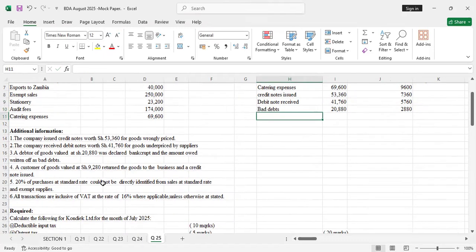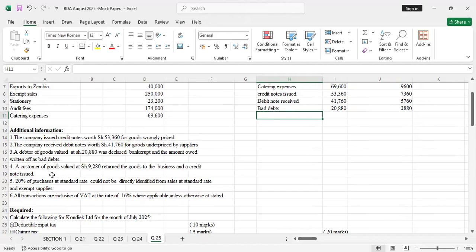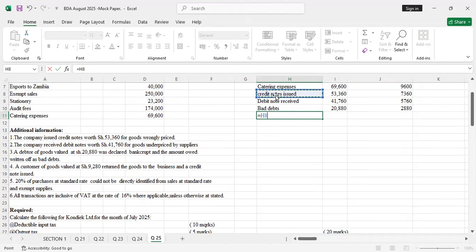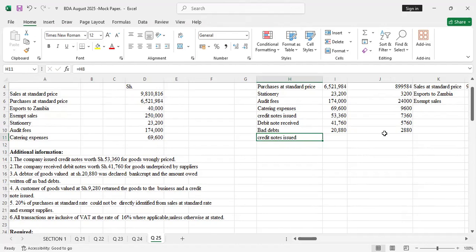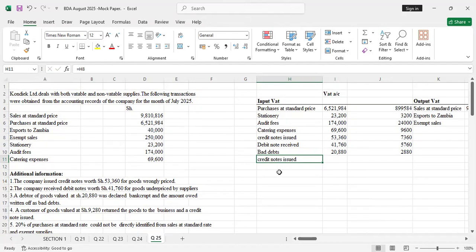We continue. Number 4, a customer of goods valued at shillings 928 returns the goods. So those are return inwards to the business and a credit note issued. Yeah, so there was another credit note issued, so I'll just copy that there. They return the goods. These are goods which were sold, so the entry has to be under input because output VAT is where we have the sales.